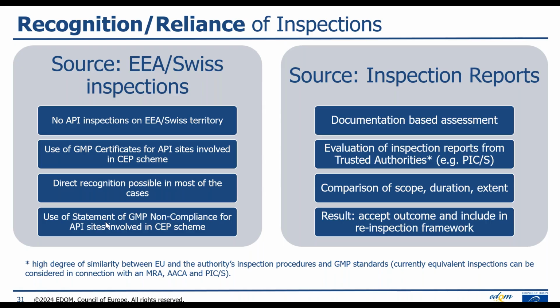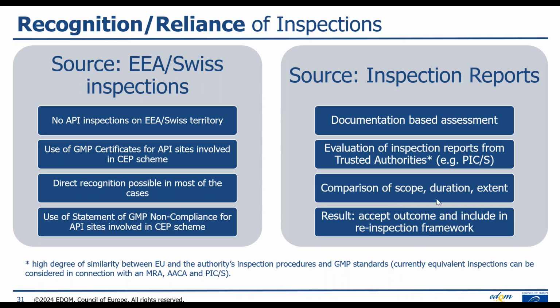So we just rely on the information published on UJA GMDP, whether it's a GMP certificate or a statement of non-compliance. Then in terms of inspection reports from other authorities, for example, these could be PICS authorities or MRA authorities. This would be where we would, I suppose, request the inspection report for their recent inspection.